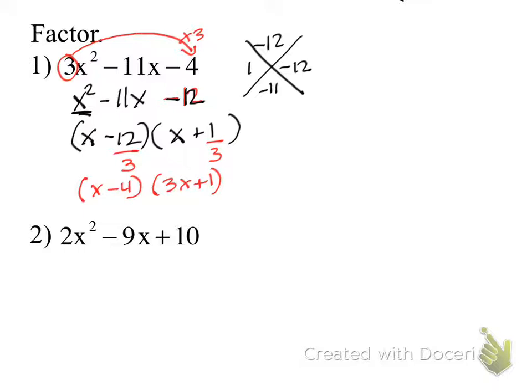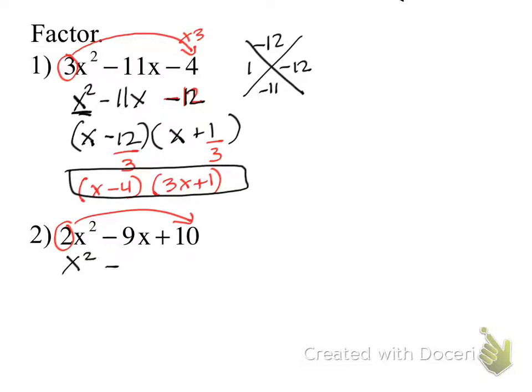Ethan Harmon, what am I doing? Okay, so you're gonna just multiply the 2 to the 10. And then what do I get? You get x squared minus 9x plus 20. x squared minus 9x plus 20.